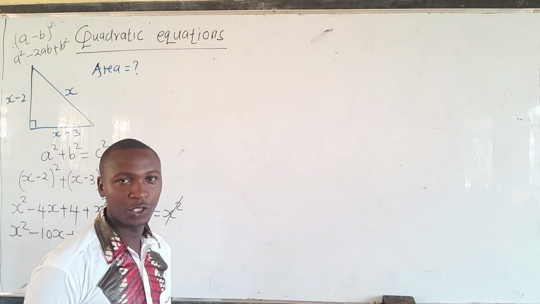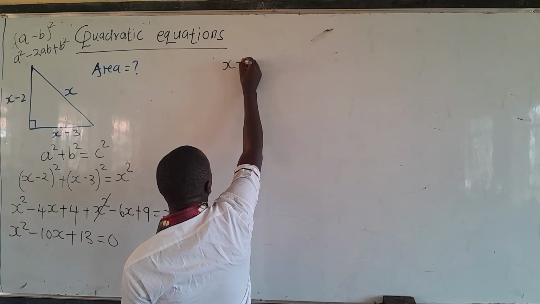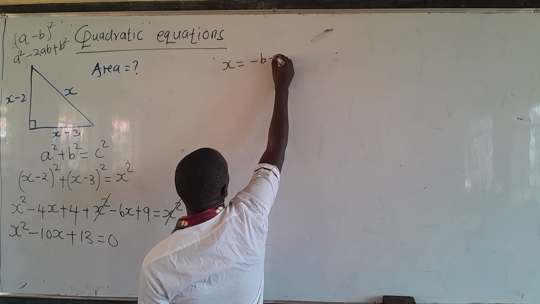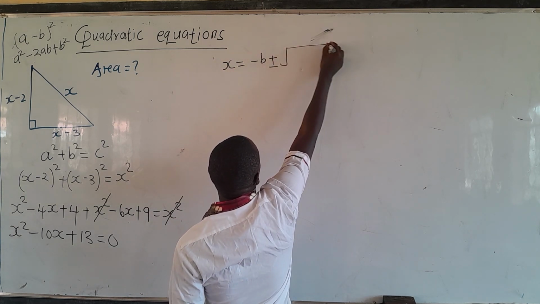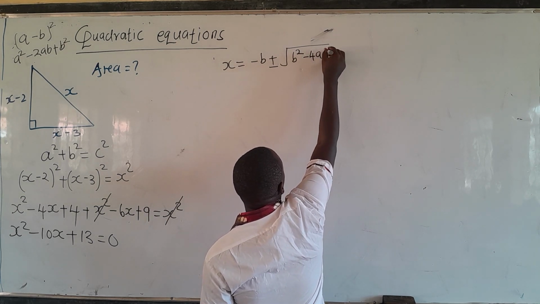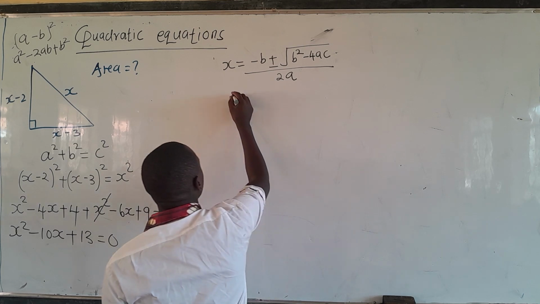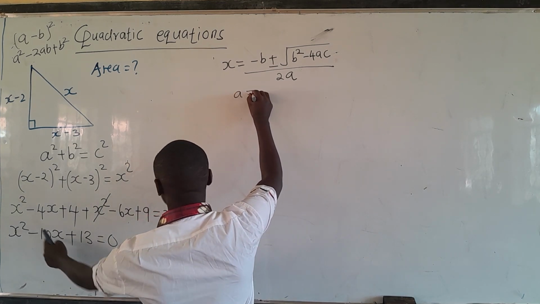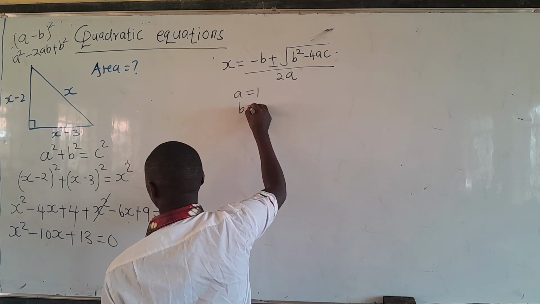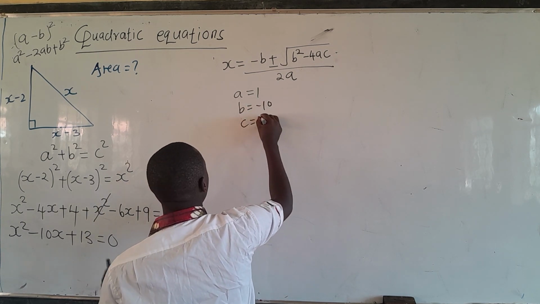The easiest way to solve a quadratic equation is by use of the quadratic formula, that x equals negative b plus or minus the square root of b squared minus 4ac, all divided by 2a. The value of a here in our quadratic equation is 1, b is negative 10, and c is 13.